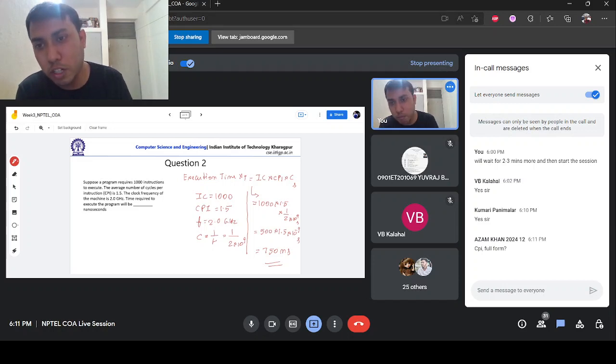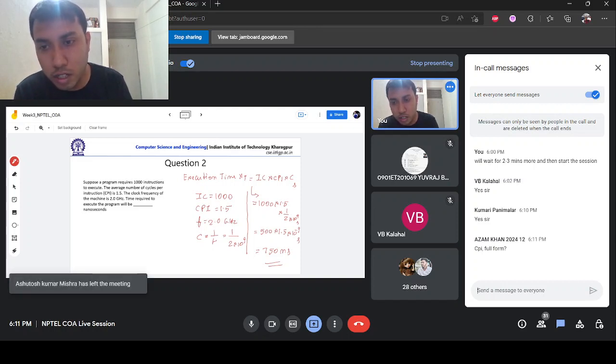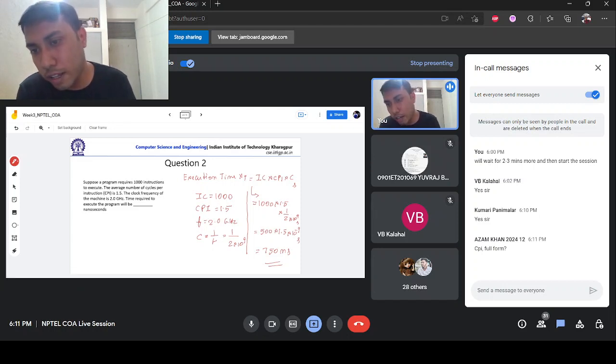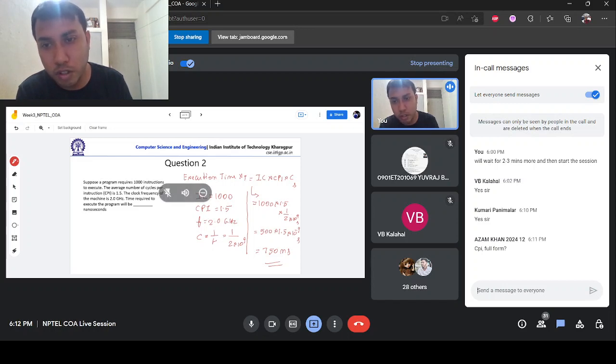This is the general formula, XT equals IC into CPI into C. IC is the instruction count, CPI is the cycles per instruction, and frequency is 2 gigahertz. From the previous problem, we solved how the clock cycle is calculated, it is 1 by f, so 1 by 2 into 10 to the power 9. That's how we substitute the values in the equation and get the value.